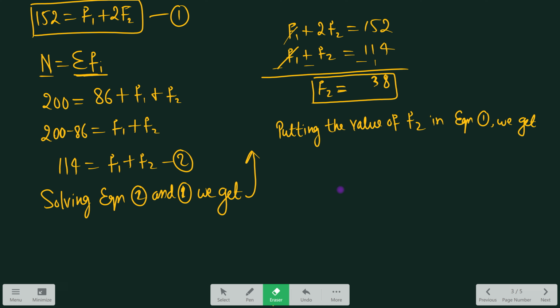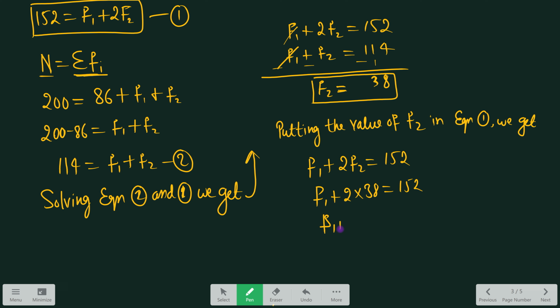Keep F1 as it is, plus 2 into F2, just we have got 38, is equal to 152. So F1 plus 38 into 2, 76, is equal to 152. Bring this 76 to this side, it is going to be 152 minus 76. So F1 is equal to 76.